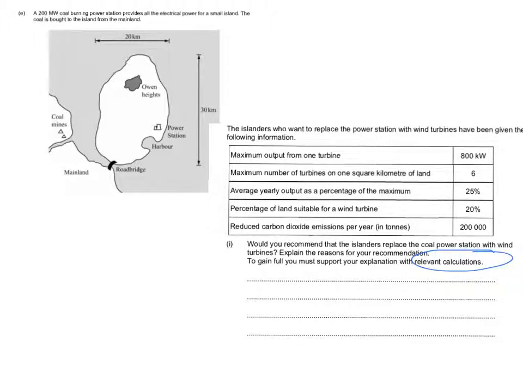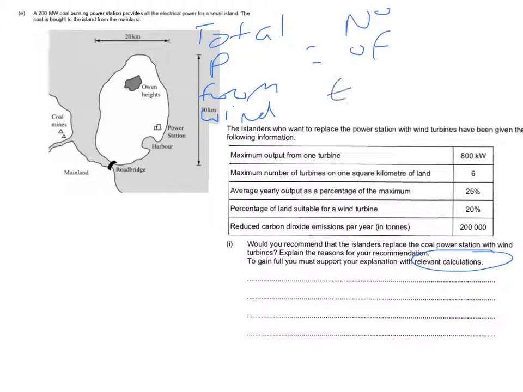So we're wanting to find out the total power, which I'm going to use as P, from wind. And that will equal number of turbines times the max power of 1. That's the equation I'm going to use. So total power from wind is equal to the number of turbines multiplied by the maximum power of 1 wind turbine. So that's what we've got to do.